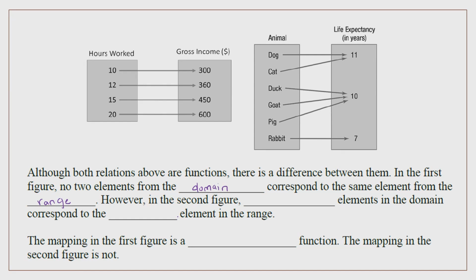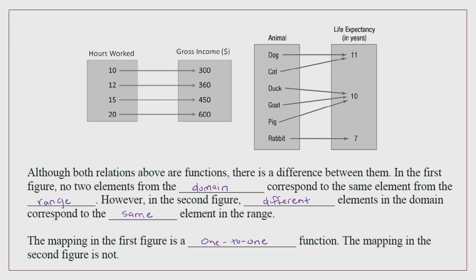However, in the second figure, different elements in the domain correspond to the same element in the range. The mapping in the first figure is a one-to-one function. The mapping in the second figure is not.